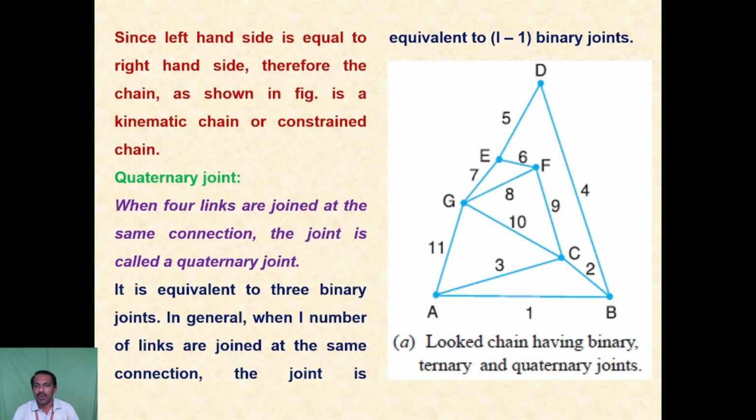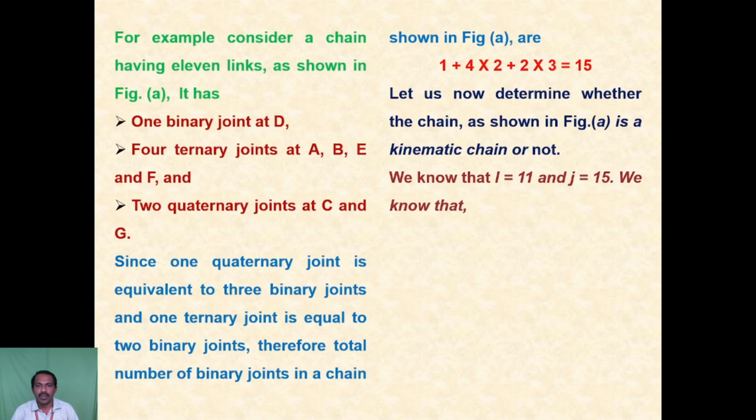The quaternary joint is G. A, B, C, E, and F are ternary joints, and A, D are binary joints, with 2 links there. So we apply these values to the equation. We got L equal to 11 and J equal to 15.